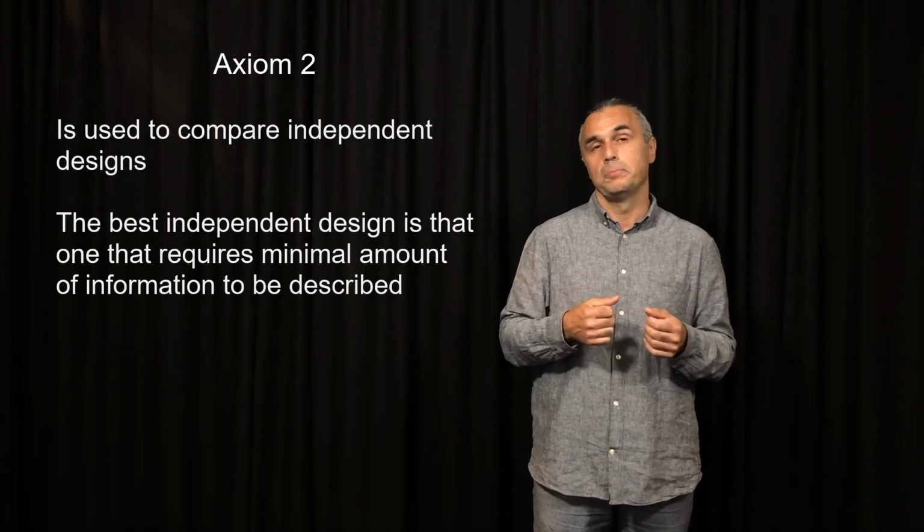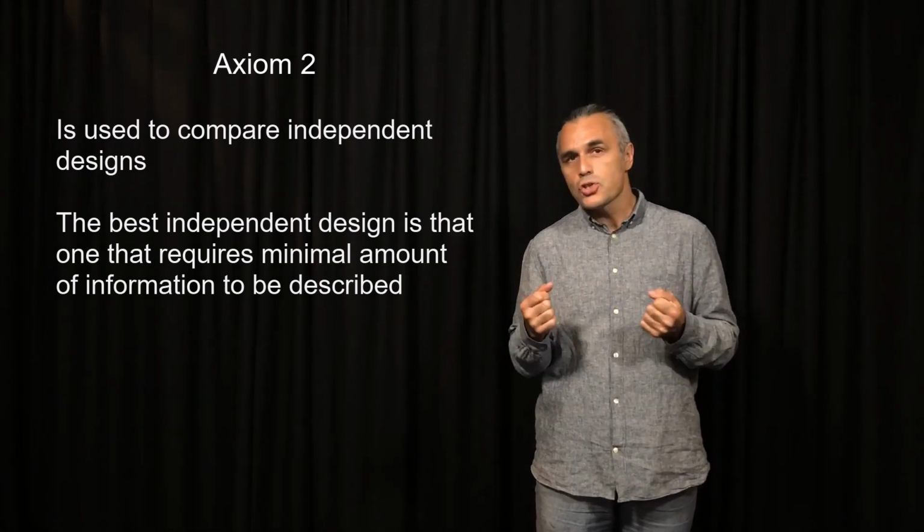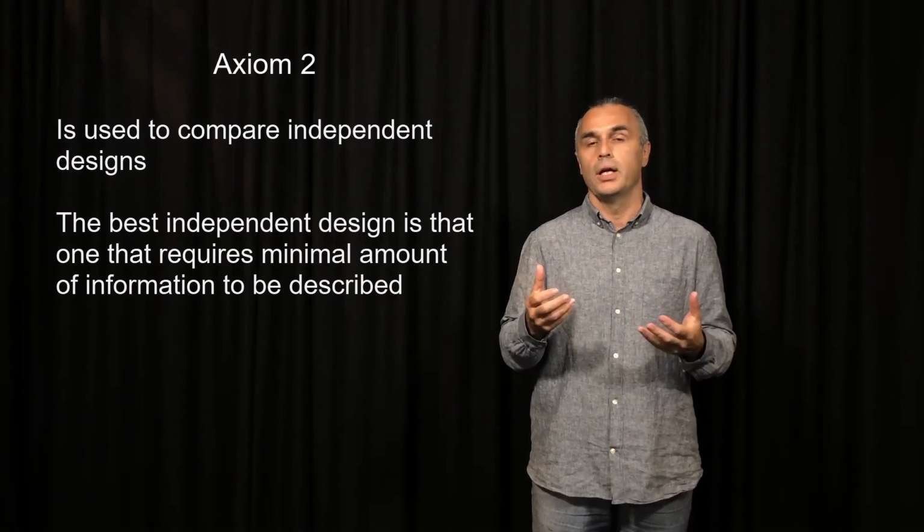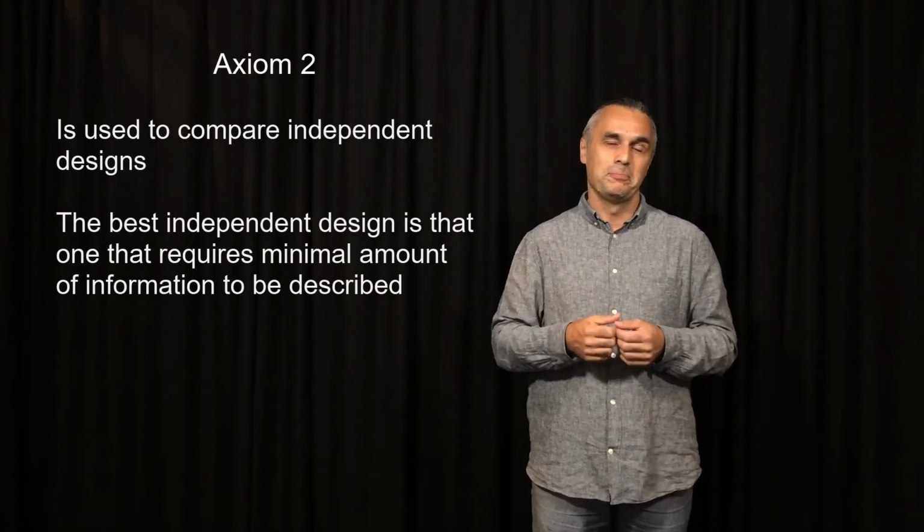That's axiom 2. My translation of this academic statement to common sense language would be: the simpler, the better. The amount of information could be the amount of drawings, text, numbers, or information in the Shannon sense that you need in order to describe the design.